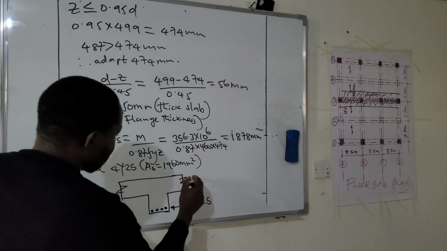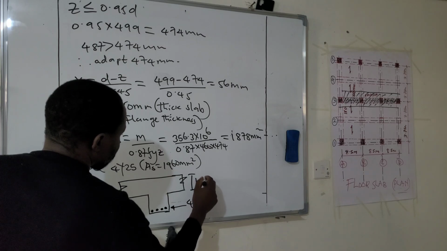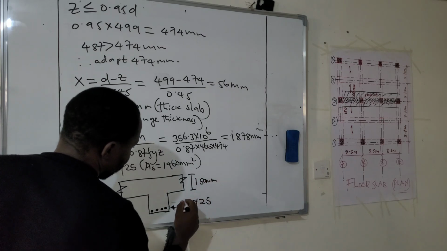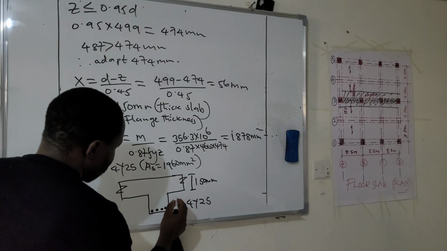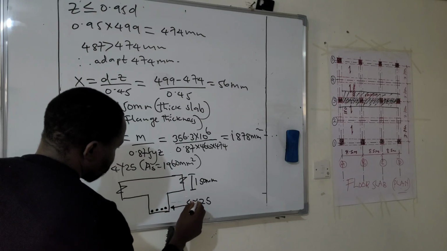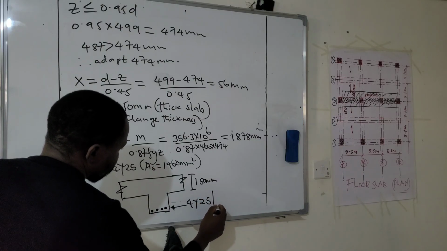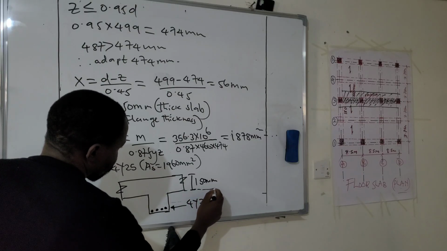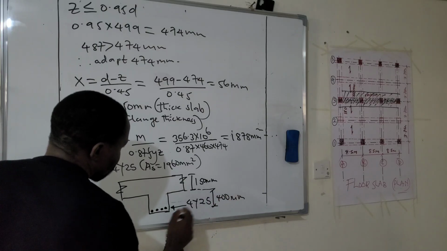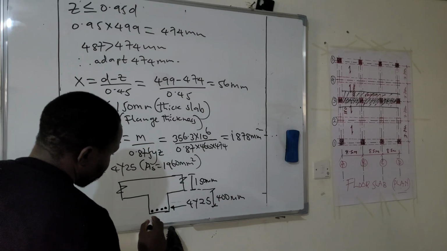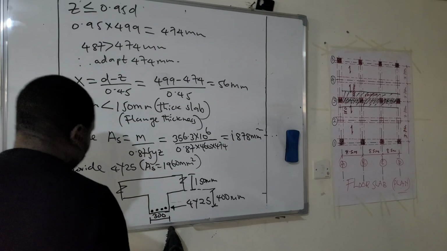And the thickness of the slab is 150 millimeter, and here is 400 millimeter, and here is 300.